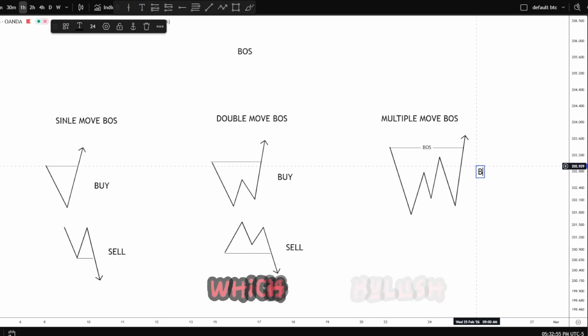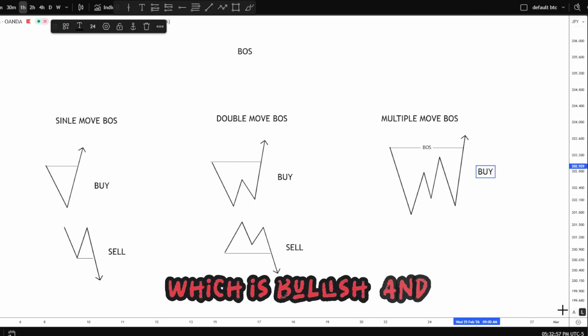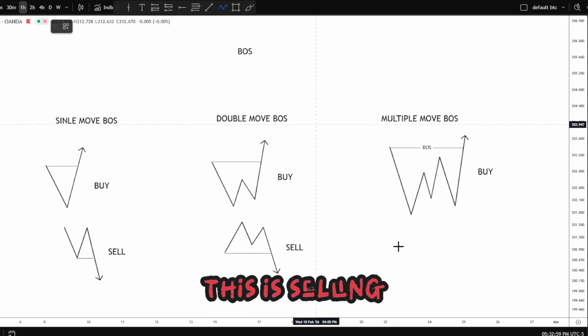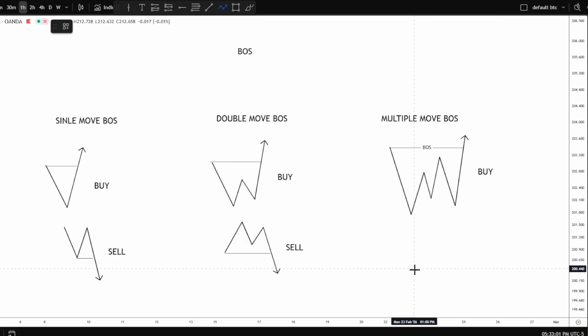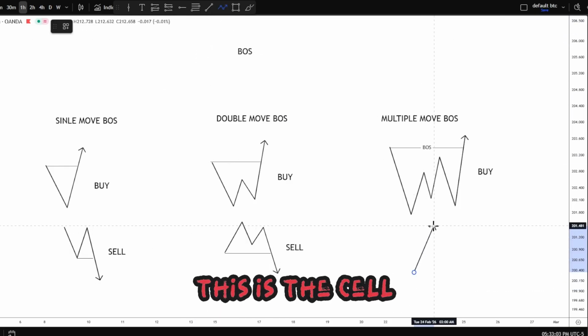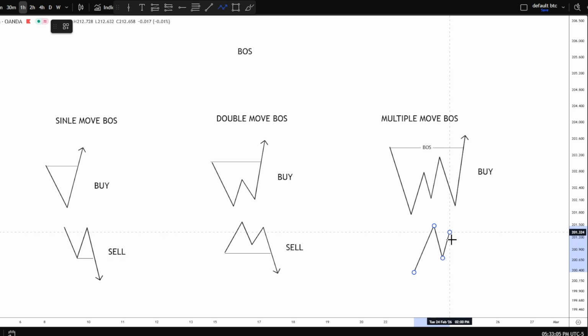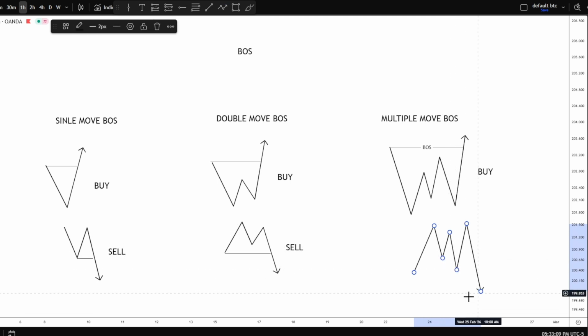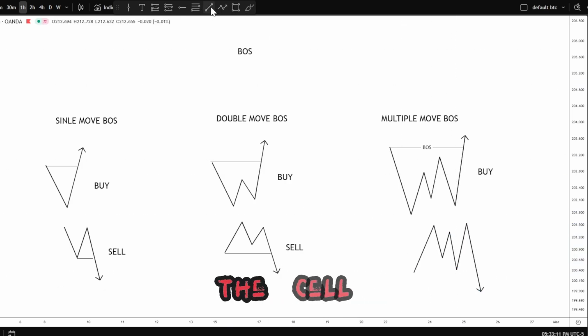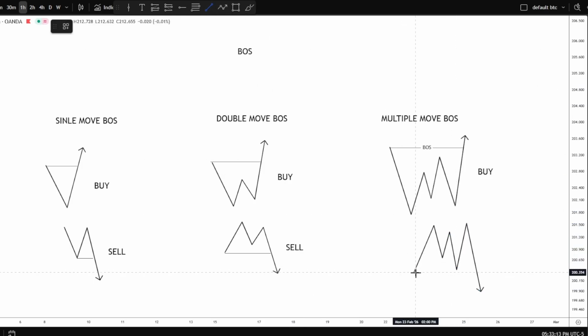This is the buying, which is bullish, and this is selling. This is the sell. Okay, so this is the sell BOS.